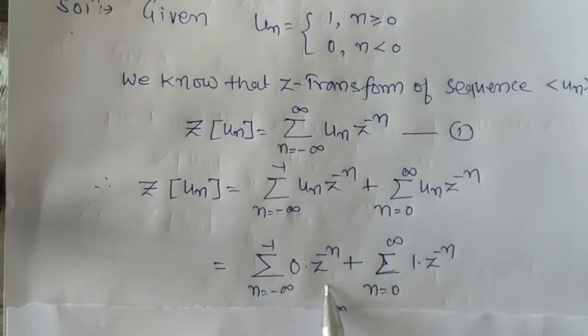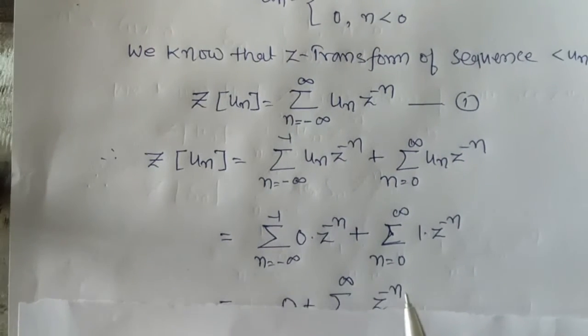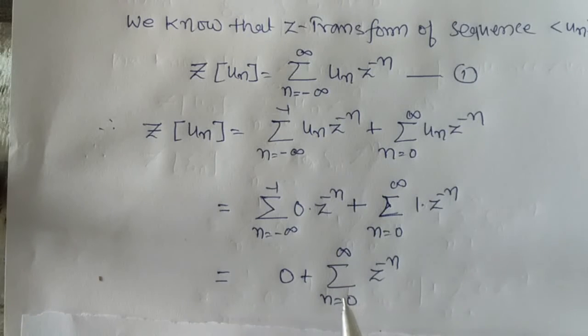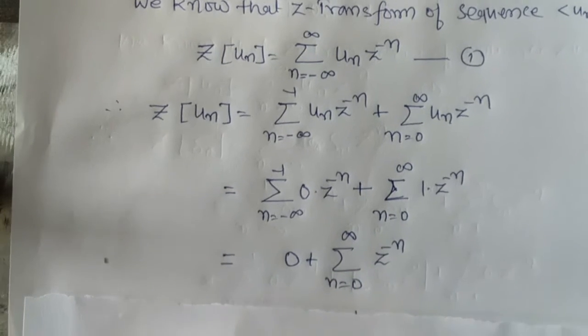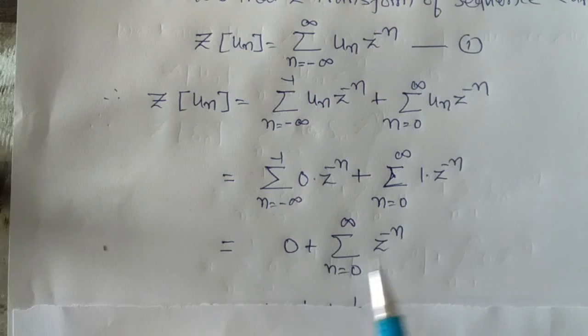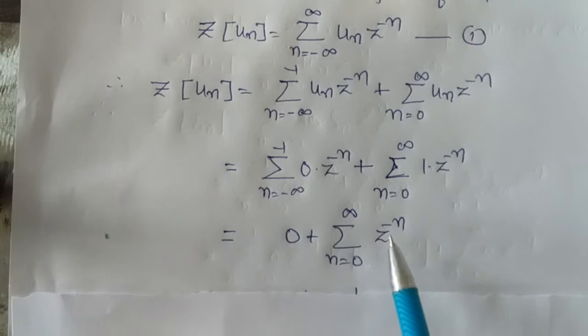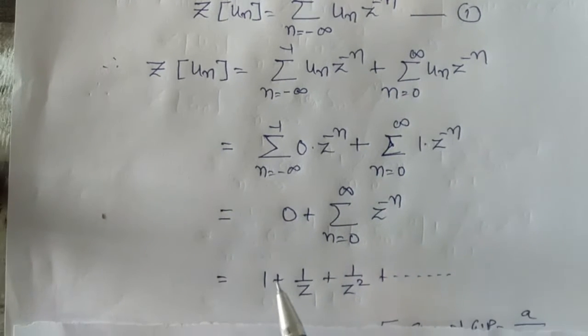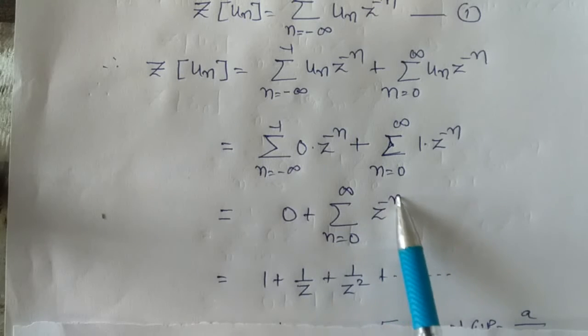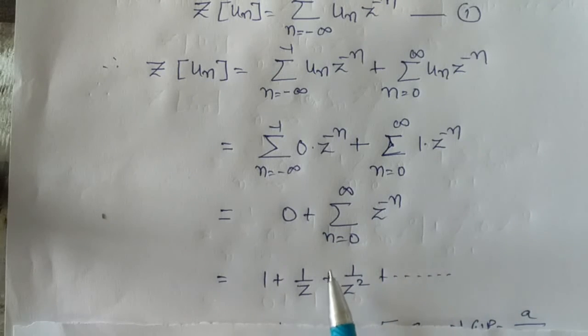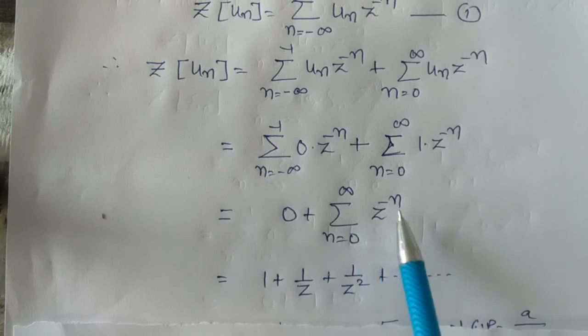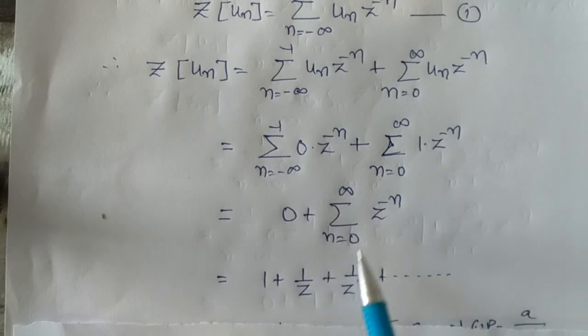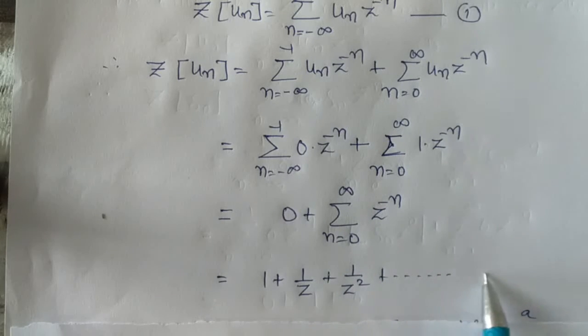This summation gives 0, and from here we get summation n goes from 0 to infinity z power minus n, which becomes, putting the value of n equal to 0, 1, 2, 3 and so on: for n equal to 0 we get z power 0, which is 1, plus for n equal to 1 we get z power minus 1, which becomes 1 upon z, plus for n equal to 2 we get z power minus 2, which becomes 1 upon z square, plus so on.